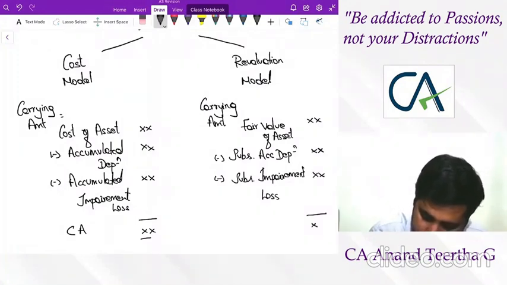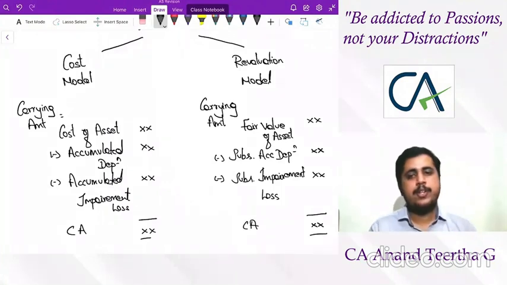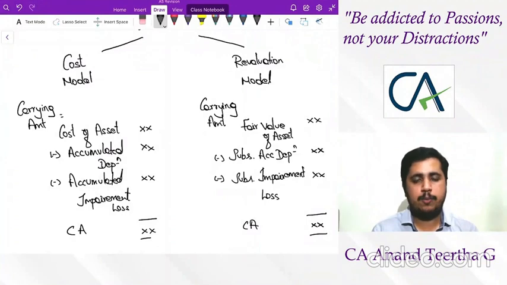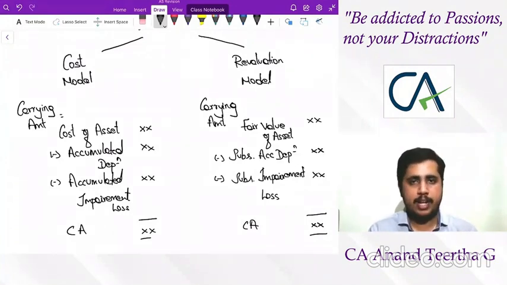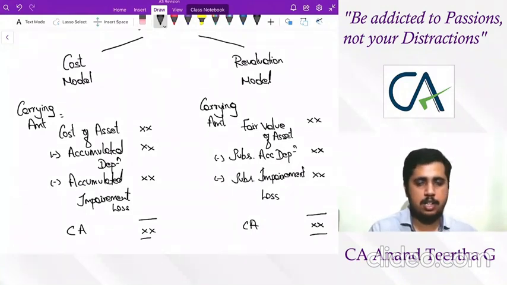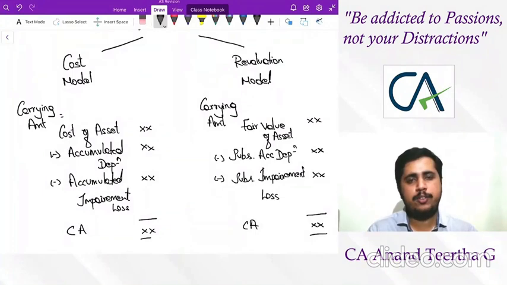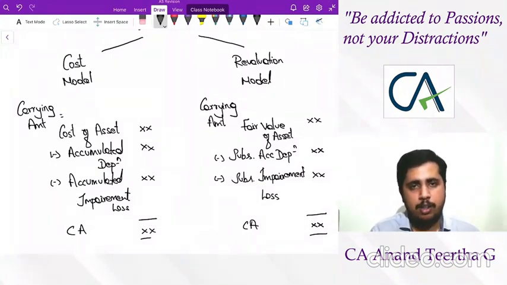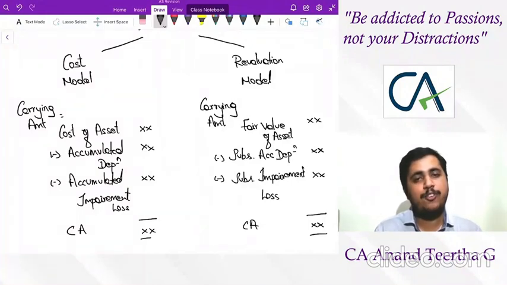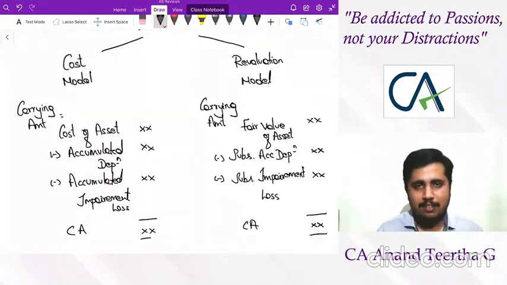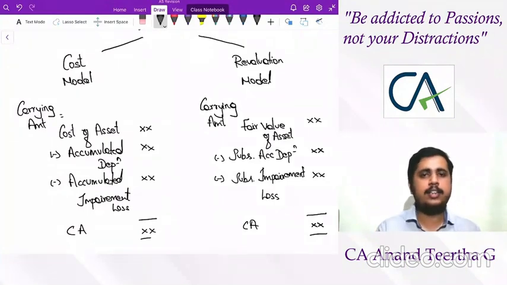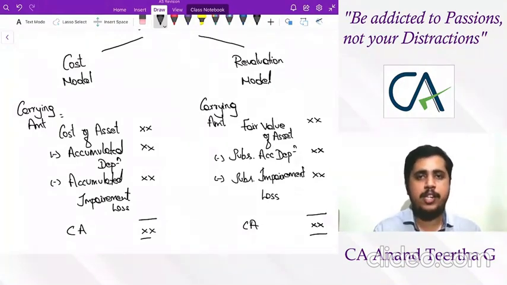Again, what you finally get is the carrying amount. When it comes to the cost model, you consider the cost, and deduct all the depreciation and impairment losses. If value in use is less than the actual book value of the asset, we say that there is an impairment. That impairment loss will be deducted from the value of the asset. If you go with the revaluation mechanism, it is derived through fair value: fair value less subsequent depreciation and subsequent impairment loss. So that's how you calculate the carrying amount of these assets.